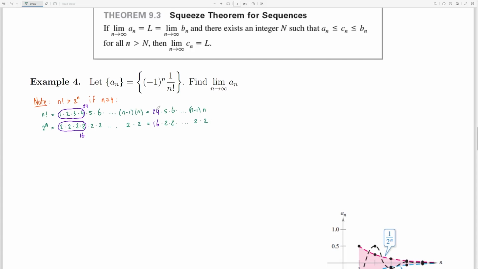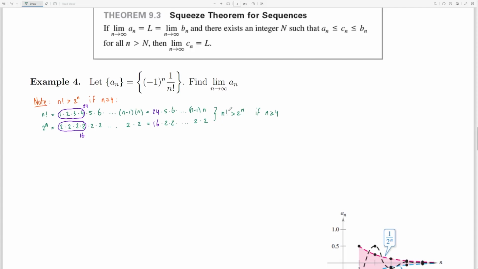Now we can clearly see that every factor here in the top is greater than every factor on the bottom. So what we see here is that n factorial is greater than 2 to the power n if n is greater than or equal to 4.